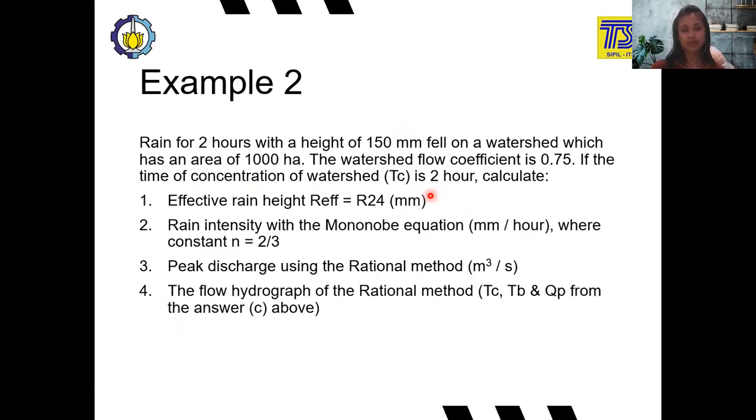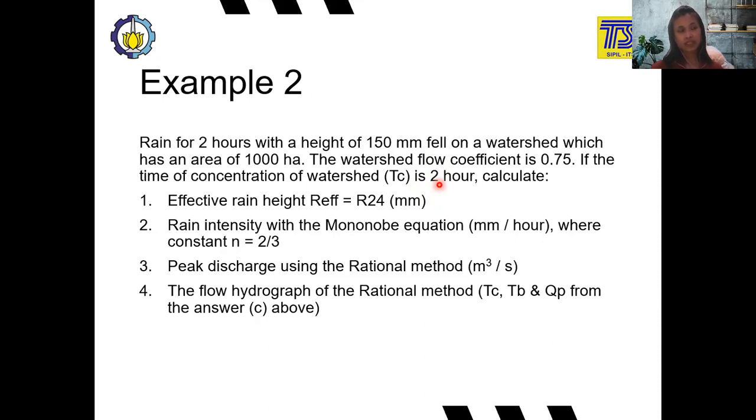As you already see before in the previous class, we have different shape of watershed, and the differences in the shape of watershed can affect the time of concentration of each watershed. For example, here we have time of concentration of 2 hours, but before we have time of concentration of 1 hour. What makes it longer or what makes it faster?